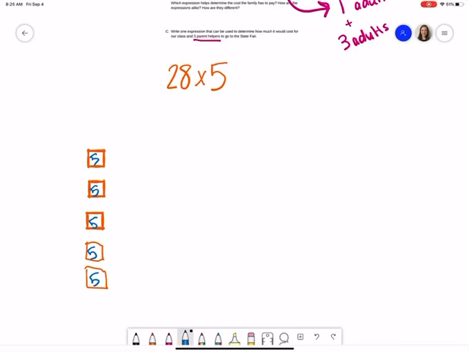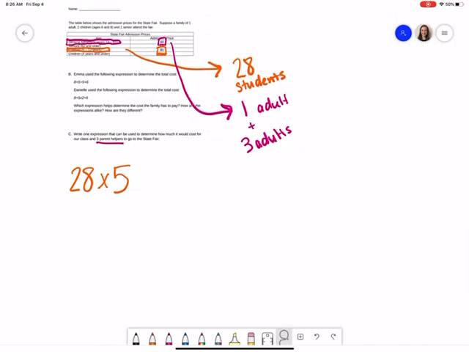Now, there are not just 5 students, right? There are 28. But this gives us a good picture. If I were to draw 28 of those boxes, we would be doing 5 28 times, right? See, 1, 2, 3, 4, 5. And then if I were to draw 23 more, we would be doing 5 a total of 28 times. Okay, so that's why I do 28 times 5. I know it is 28 groups of 5. Okay, so 28 times 5.